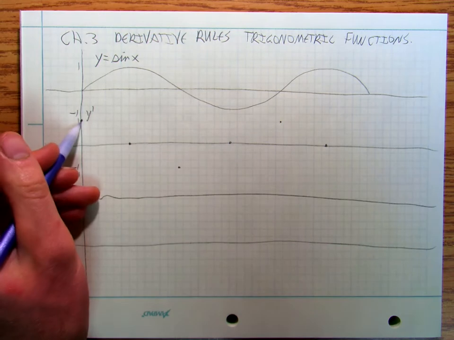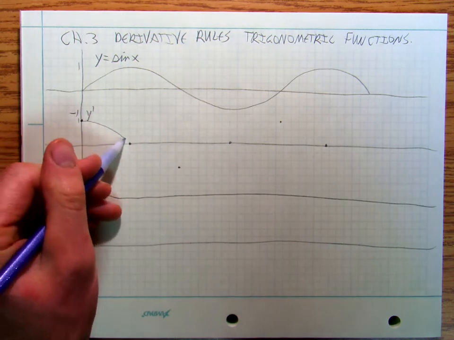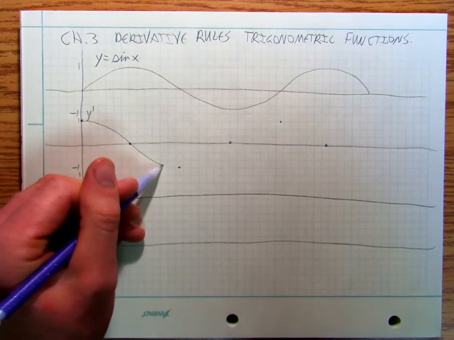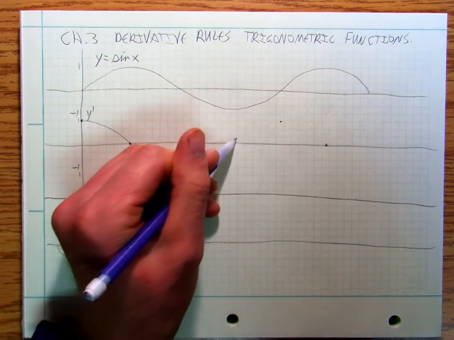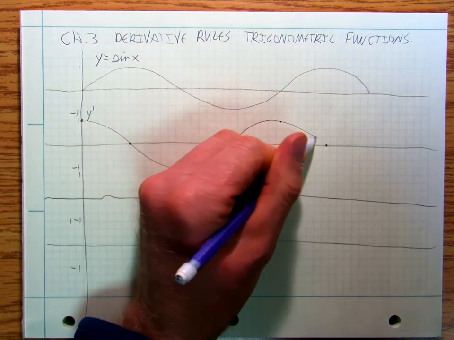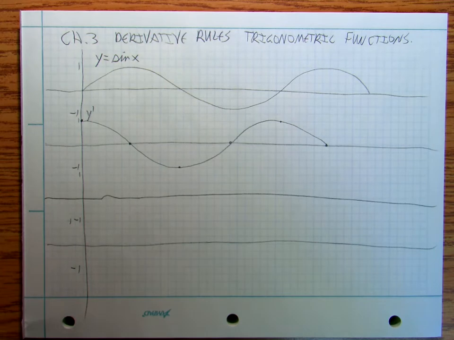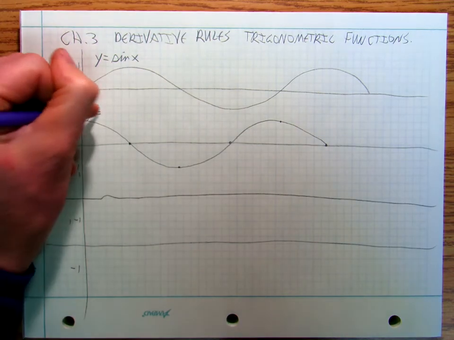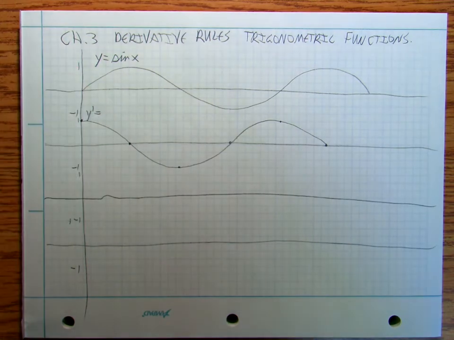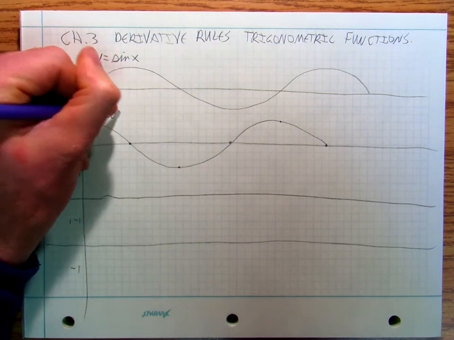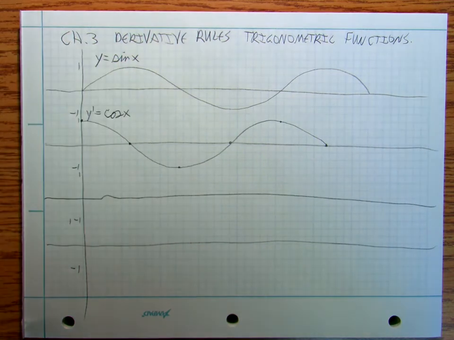So I'm going to get this function here, roughly. And as you should be able to see, that is cosine x. So the derivative of sine x is cosine x.